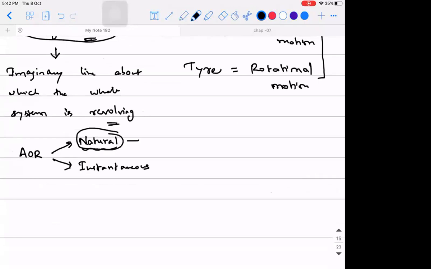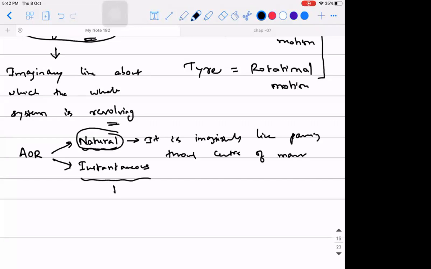So what do you mean by natural axis of rotation? It is an imaginary line passing through the center of mass, or you can call it the center of gravity also.